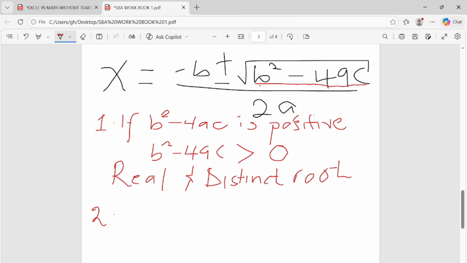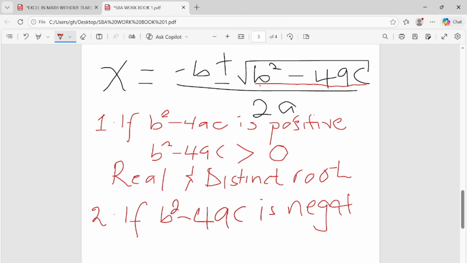So if you get b squared minus 4ac negative, implying that b squared minus 4ac is less than 0, always know that numbers less than 0 are negative.